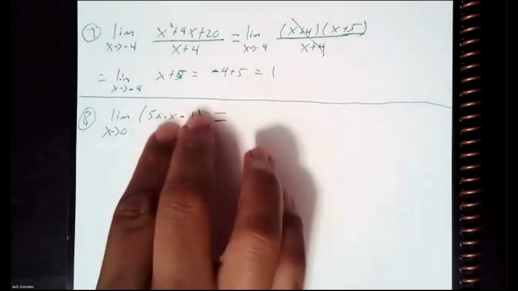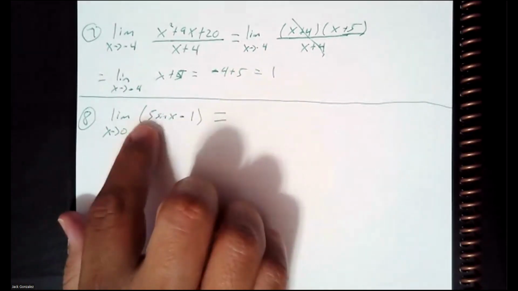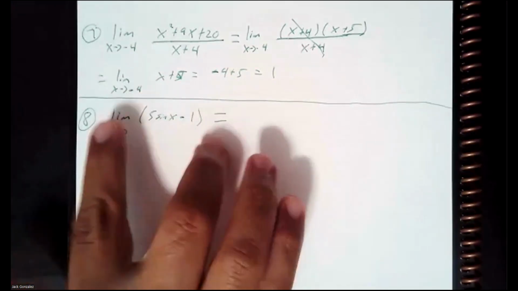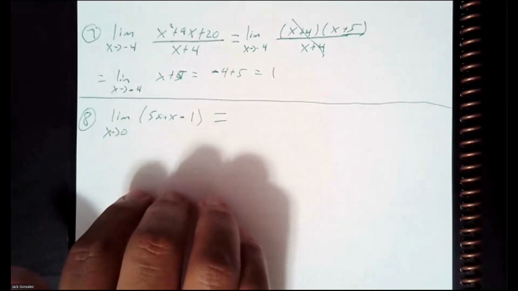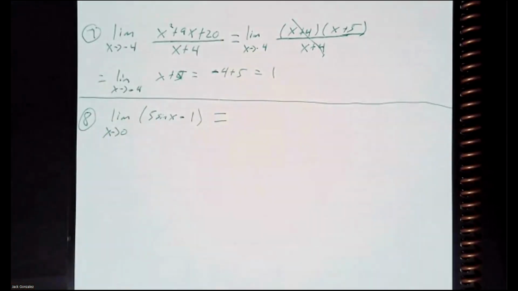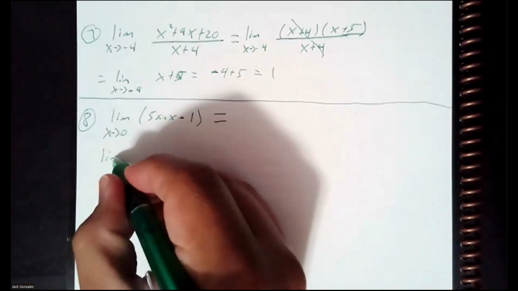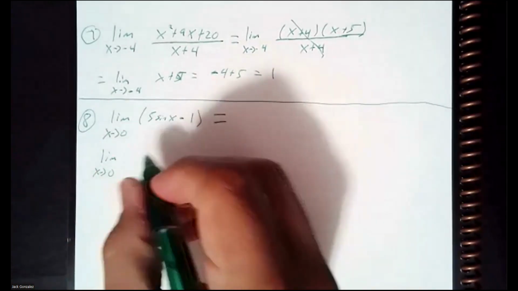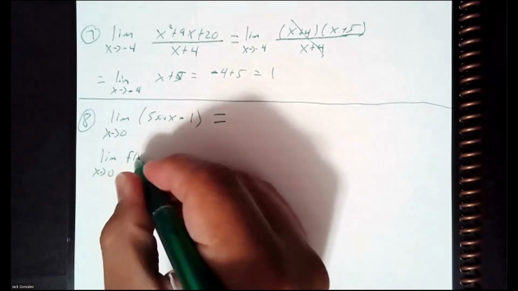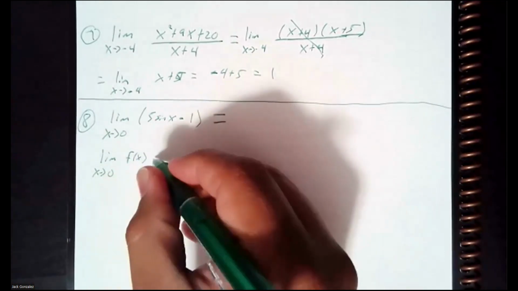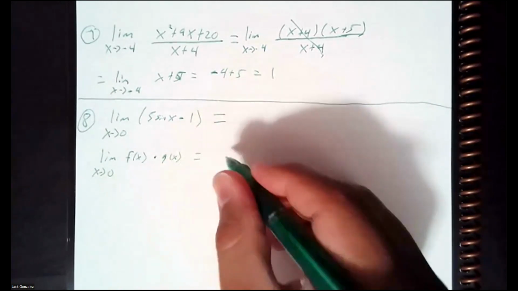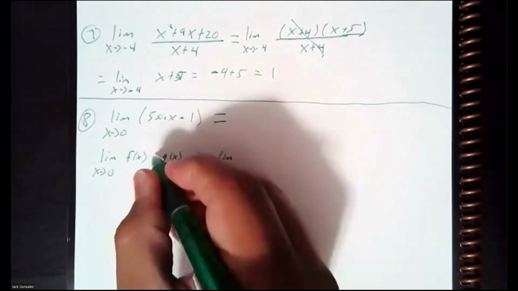Well, we would have to first separate. If you wanted to factor the 5 out, you'd have to separate these into 2 different limits and then factor out the 5 from just that one part. Technically, there is a limit property that says the limit of f of x plus g of x is equal to the sum of the limits.